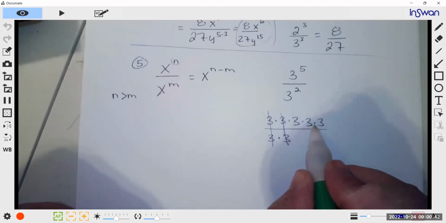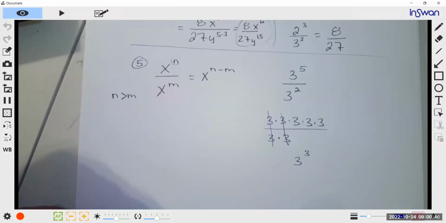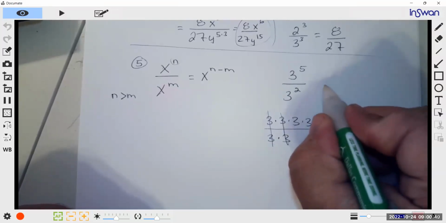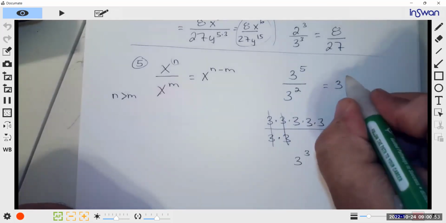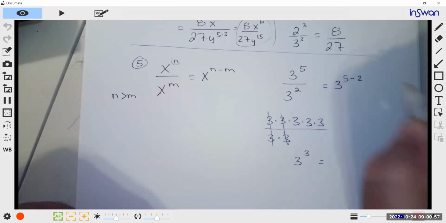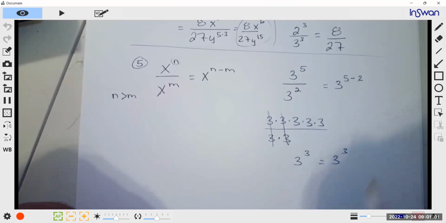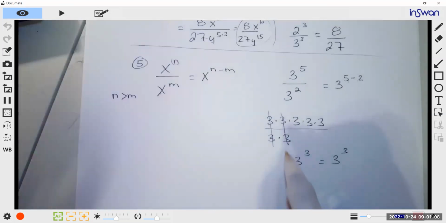So we're left with 3 times 3 times 3, which is 3 to the third. Since 5 is bigger on top, it's 5 minus the bottom number. 5 minus 2 is 3. Because whenever you divide, you cancel. Whenever you're canceling, you're removing things. That's why you subtract.